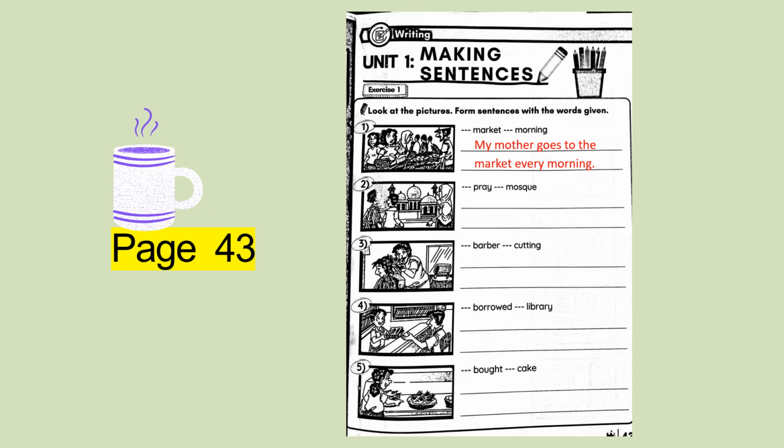Number 3. Barber, cutting. Barber means 剪头发的那个男孩子。Okay, barber 大多数是剪男孩子的头发的。So the barber. That's the subject. Okay, the barber subject verb. So see the word cutting 动词来的，就有 ing 的前面一定要放什么？Is.